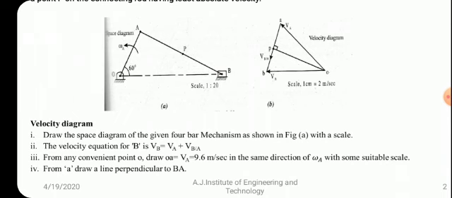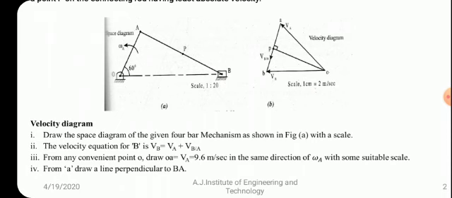Now let us see how to calculate the velocity of a point P which is on the connecting rod, and which has the least absolute velocity. Suppose you mark a point on A and B which has the least absolute velocity.